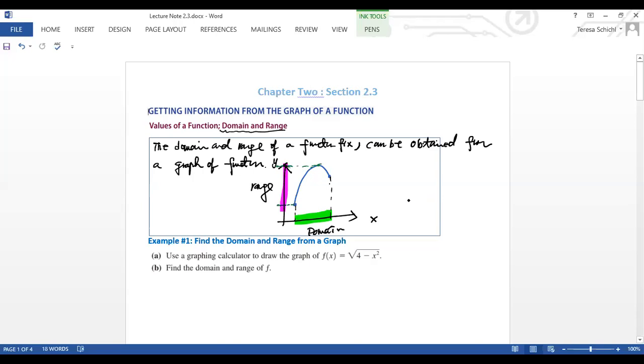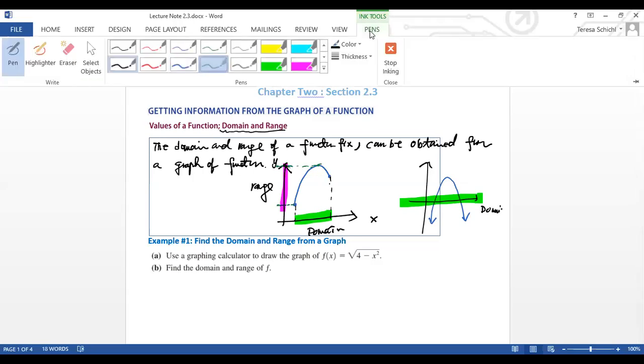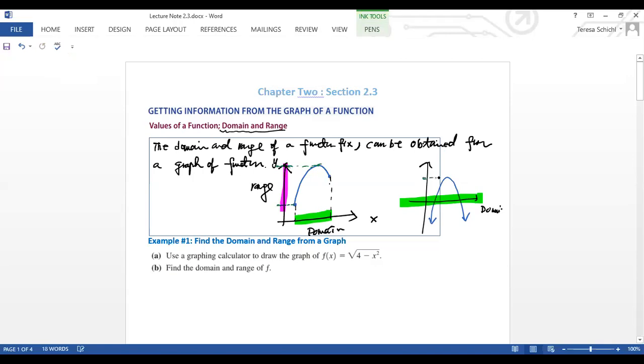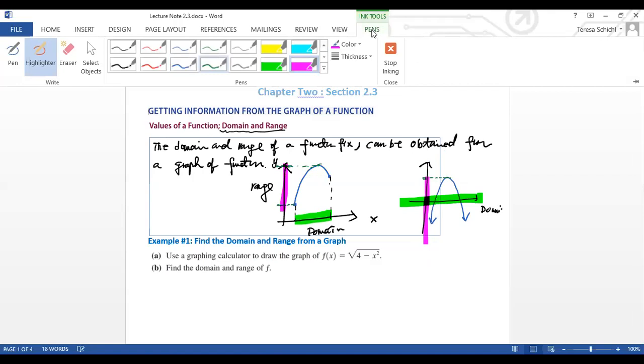For example, if I have another graph, and this is a quadratic, then x can continue going along the whole real number line, so this will be my domain. But the range is here, meaning y will never exceed this value, but y can go to negative infinity, all the way down.